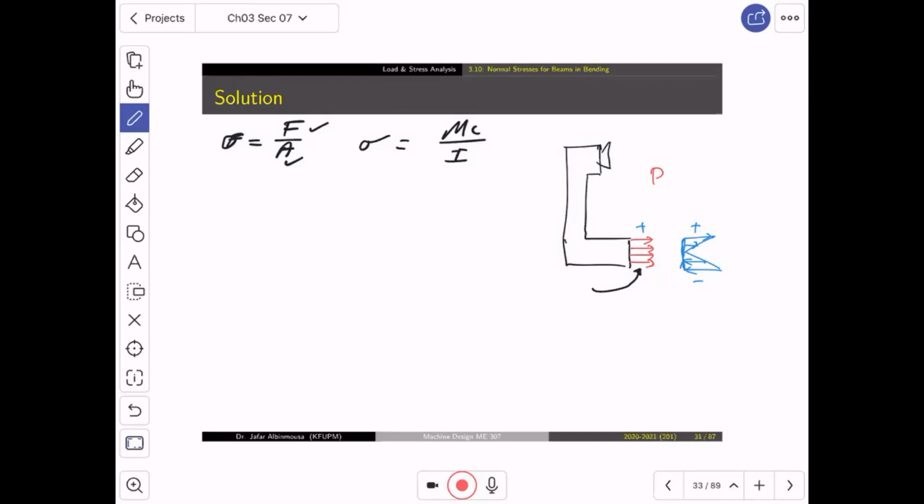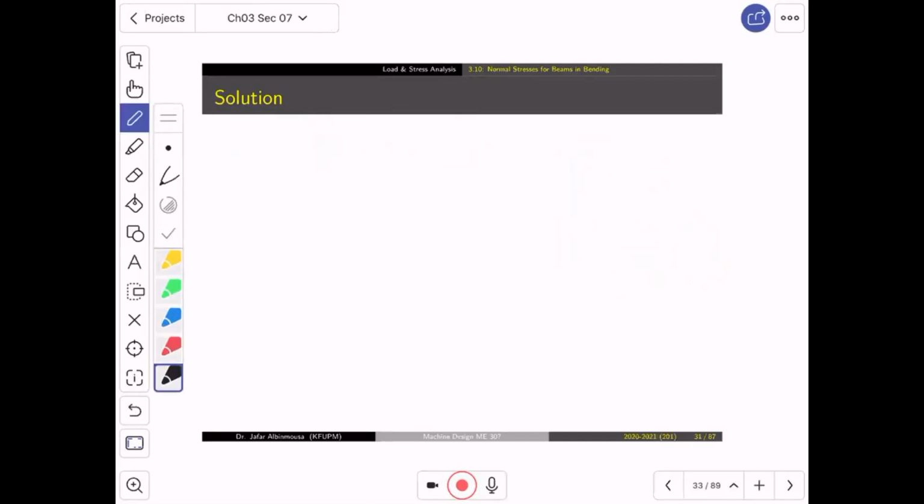So let me quickly draw, let me see, I need to clean up this and quickly draw the geometry for us so we can know it. We are having this and this, okay?